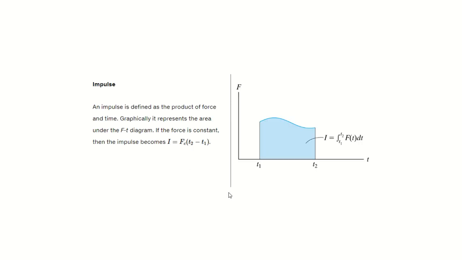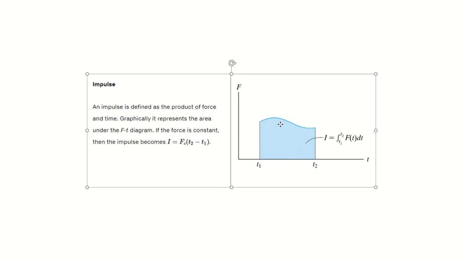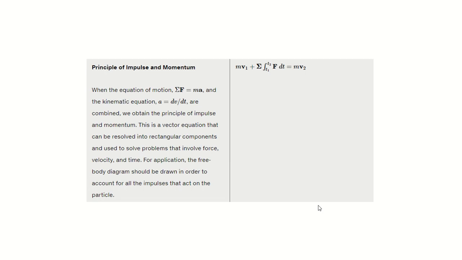Okay, then we get into review. You definitely need to know your impulse. Choose the regular equation, not the calculus one. In the principle of impulse and momentum, there's your impulse and how it can affect the particle moving with a velocity, with this momentum, and change, right?